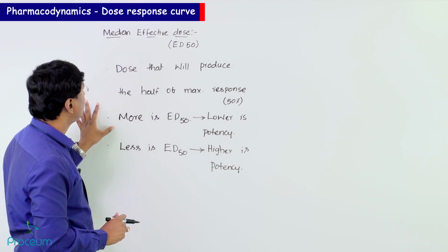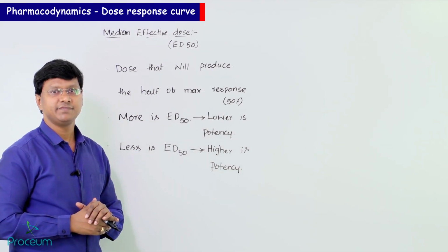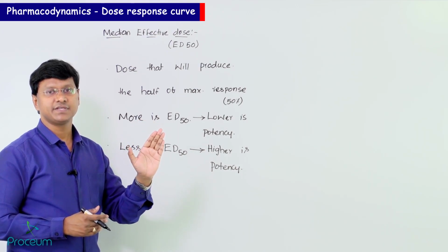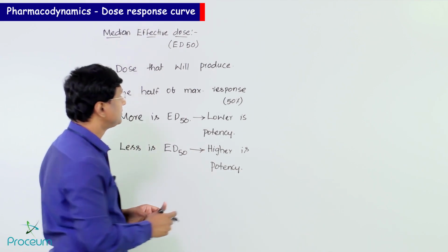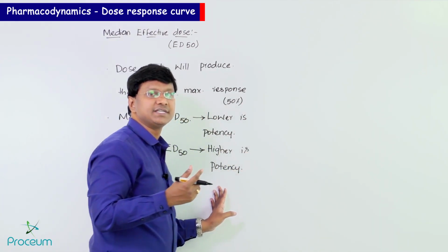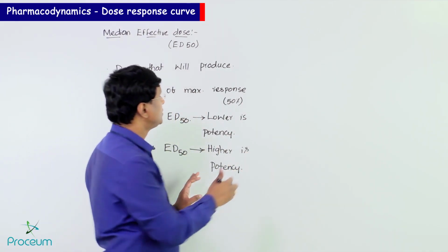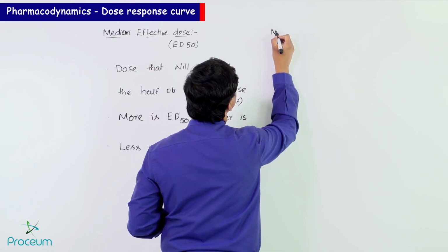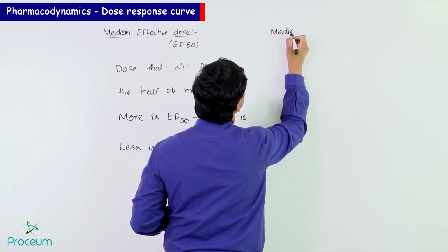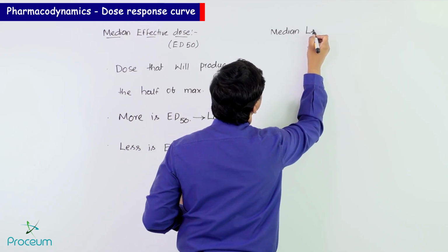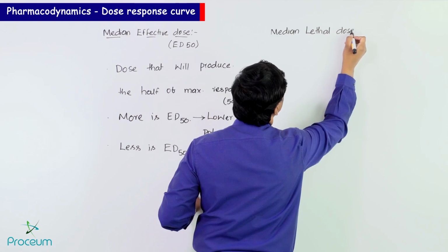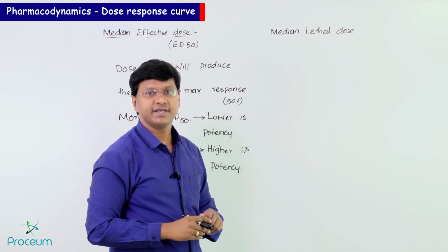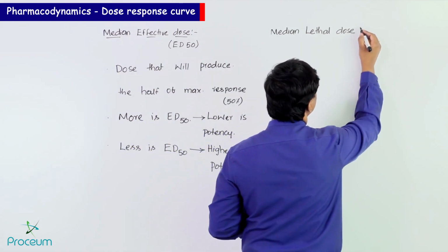So that is what you mean by ED50, that is median effective dose 50. Next we have what is called LD50. Now what does this LD50 stand for? That is lethal dose. So now let me discuss the median lethal dose, that is LD50.